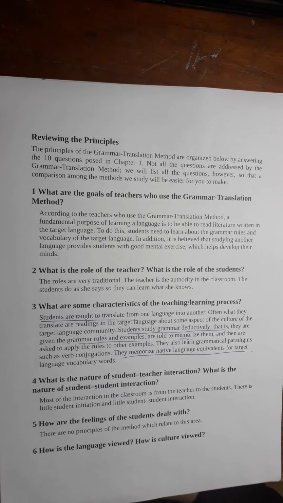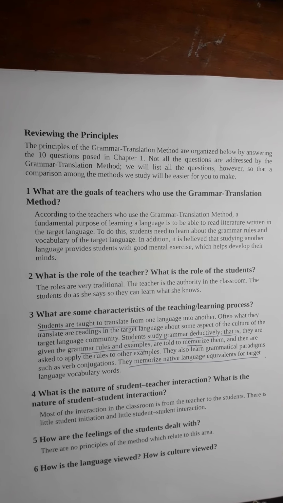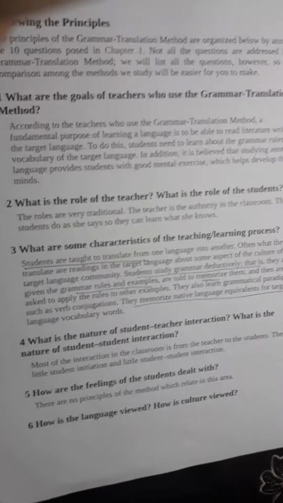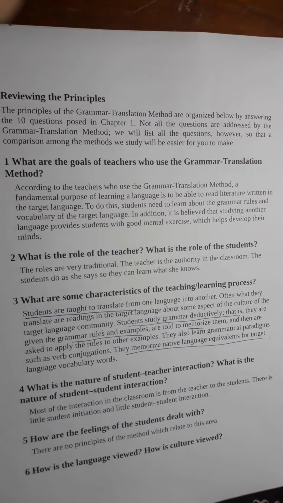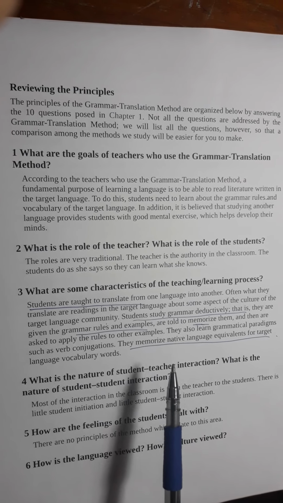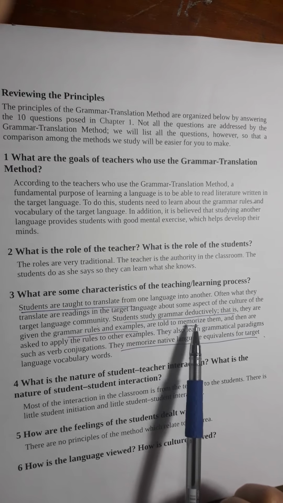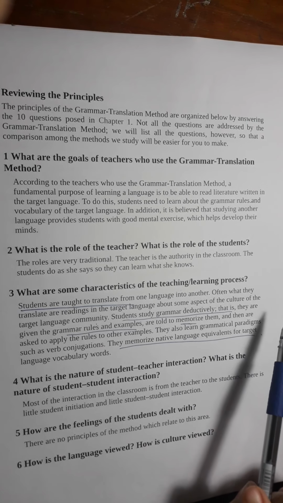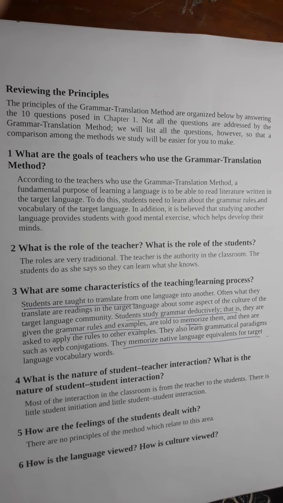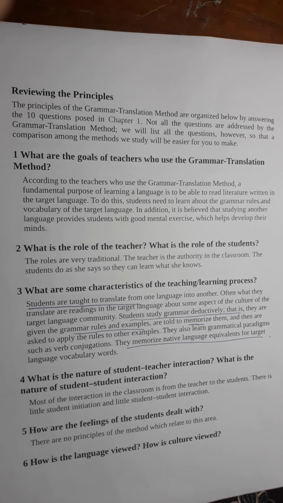We have mentioned this many times. Another important point is that the students are introduced to the grammatical rules deductively, that is, they start first with rules, then with application of rules and examples.